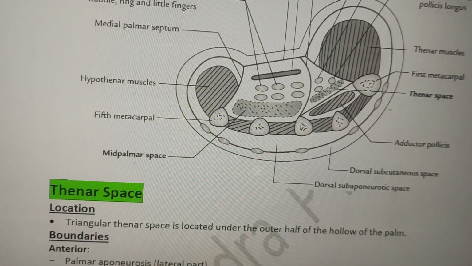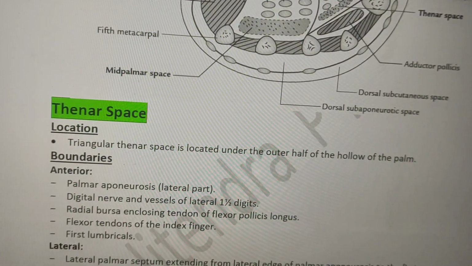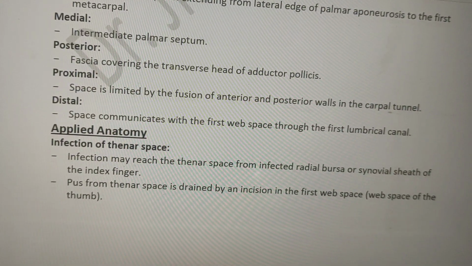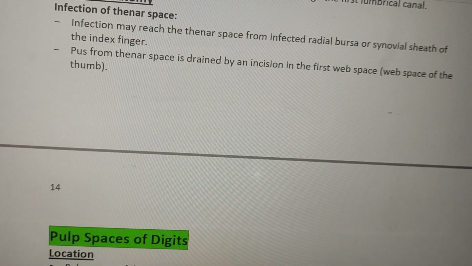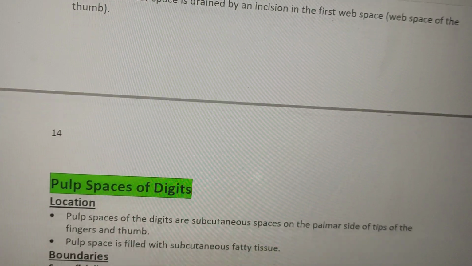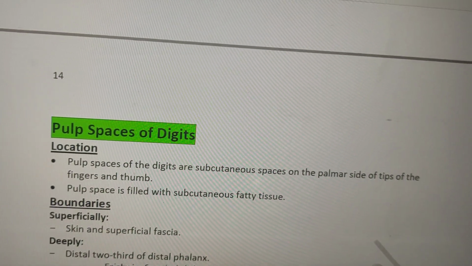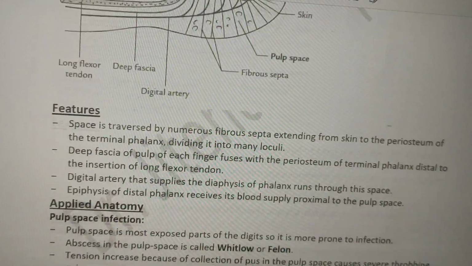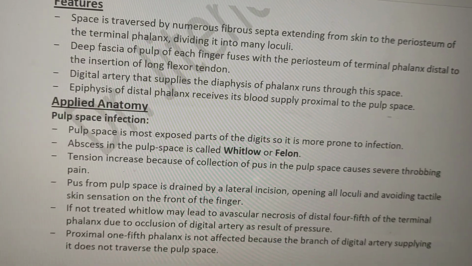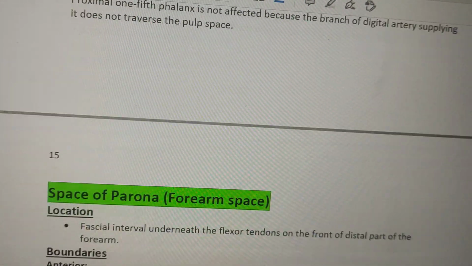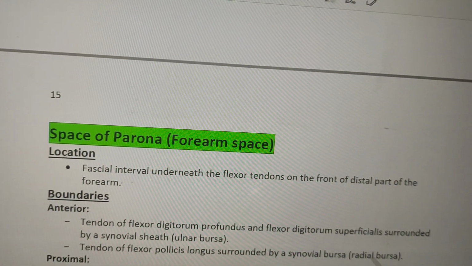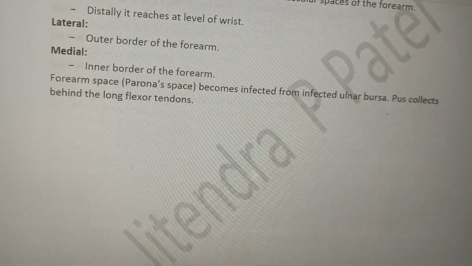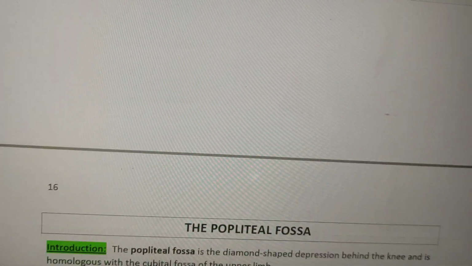This is the figure of this space, and this is the thenar space, with all these boundaries and contents, and this is the pulp space. So this is a fascial space. I have kept an example of one space. Another example of a space, here you can see, is the space of Parona. All these are fascial spaces.